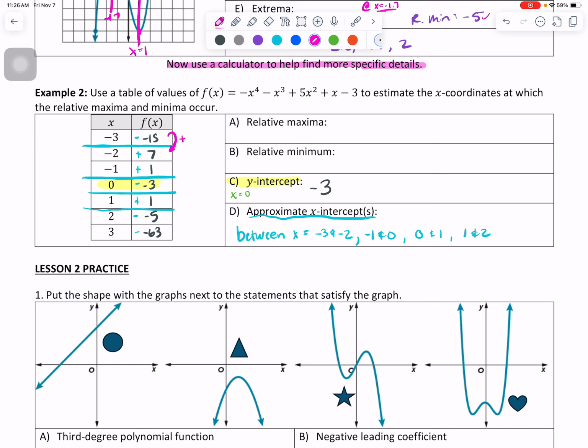Okay, so it is increasing. But then from 7 to 1, so actually instead of writing that plus, maybe we should just write increasing, right? Now it's getting smaller, so it is decreasing.